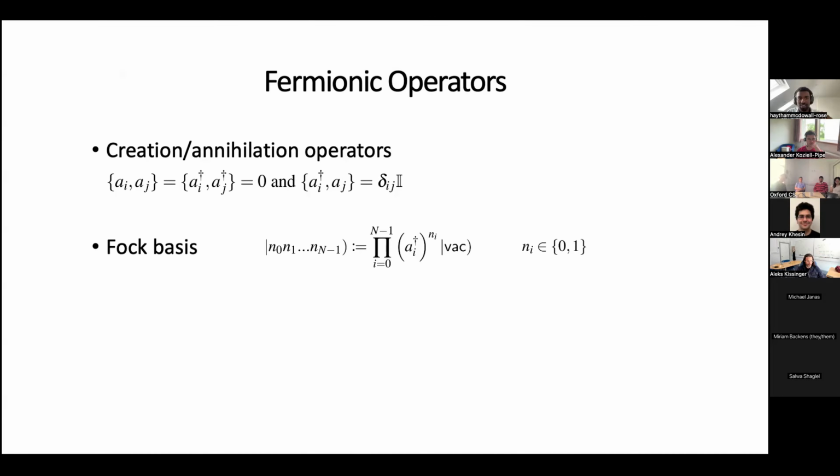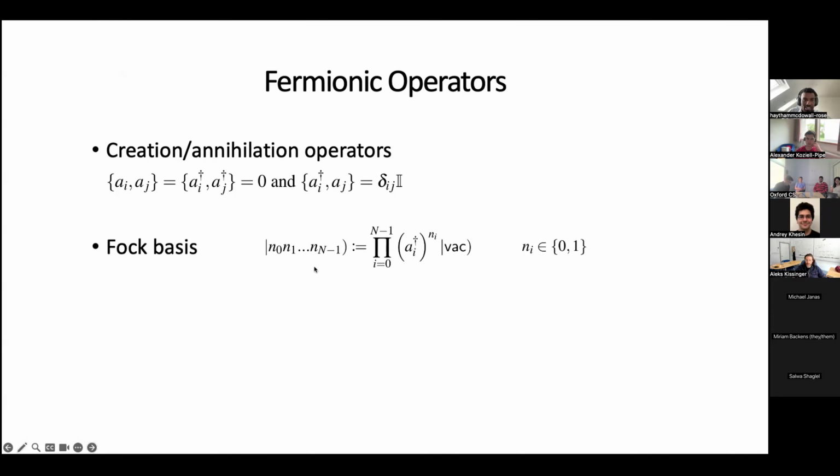The annihilation operator, a_i, will, roughly speaking, remove or annihilate a fermion where there is one. If you have a 1 in some position i in this bit string, the annihilation operator, I remember this because annihilation begins with an A, that's the only way I remember which way around these go, a_i and a_i dagger.